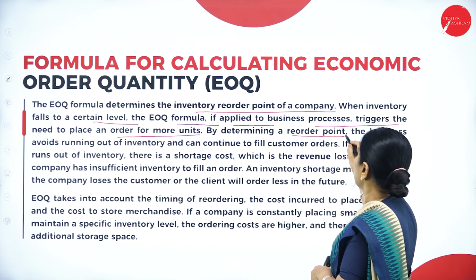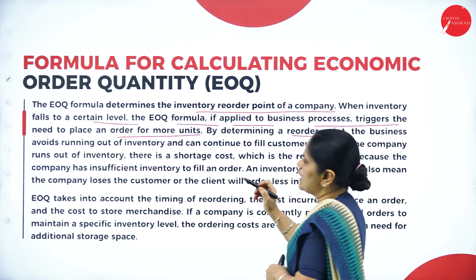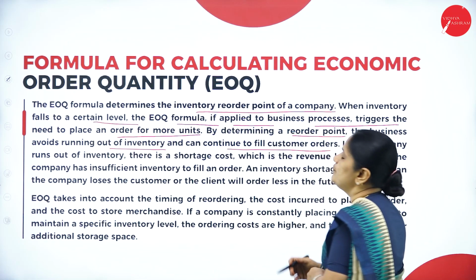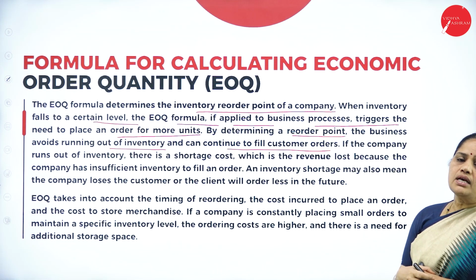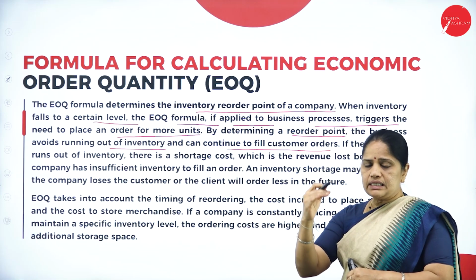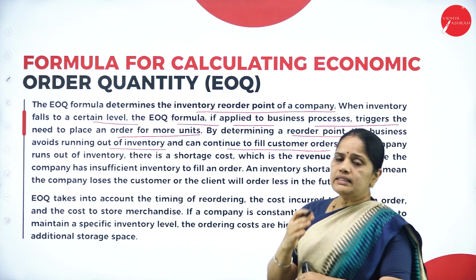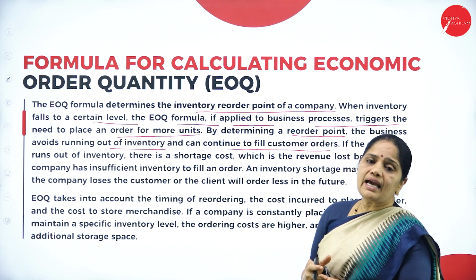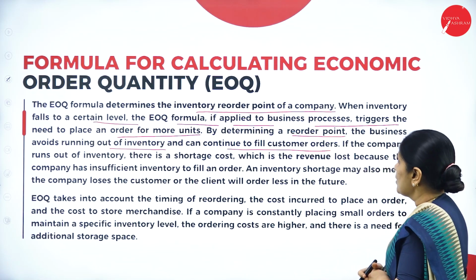By determining a reorder point, the business avoids running out of inventory and can continue to fill the customer's orders. So when you know at a certain level you have to reorder, then we can rest assured that the company can fulfill the customer's demands on time.